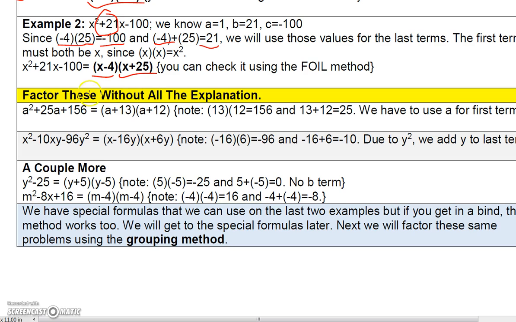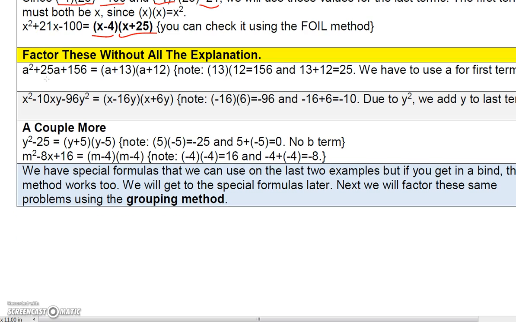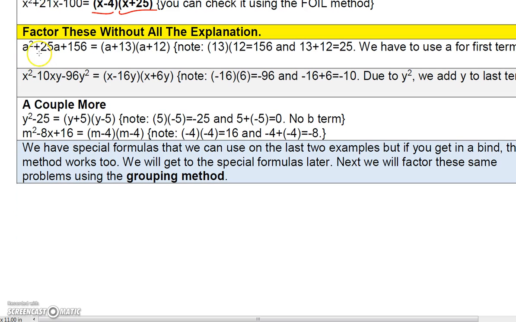So those would be the factors. Again, the negative 4 times 25 is negative 100, and then the negative 4 plus 25 is 21. And if you check this by FOIL, you'll see that if you multiply this back together, it does equal the trinomial we started with. Okay, let's take a look at a couple more.